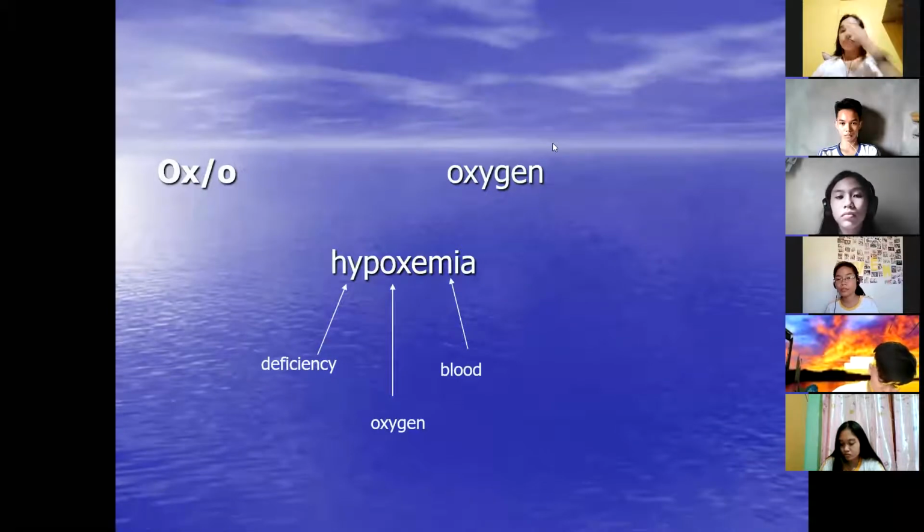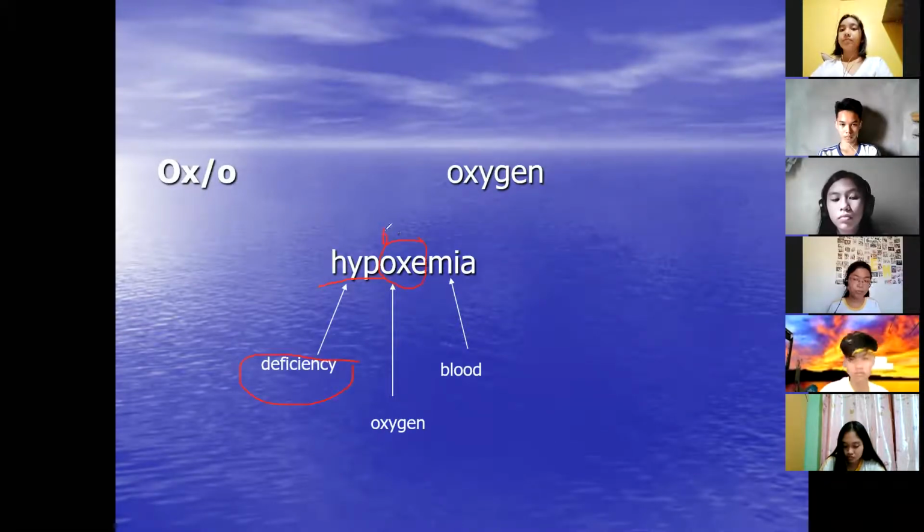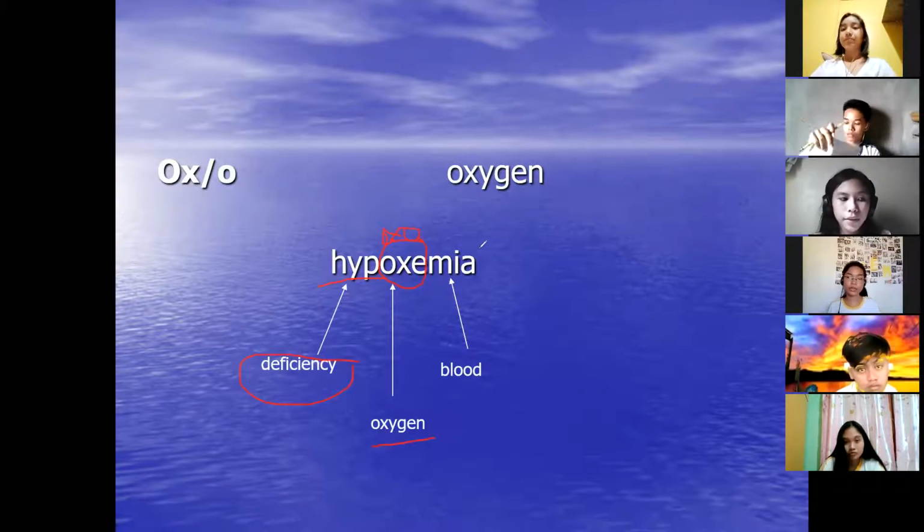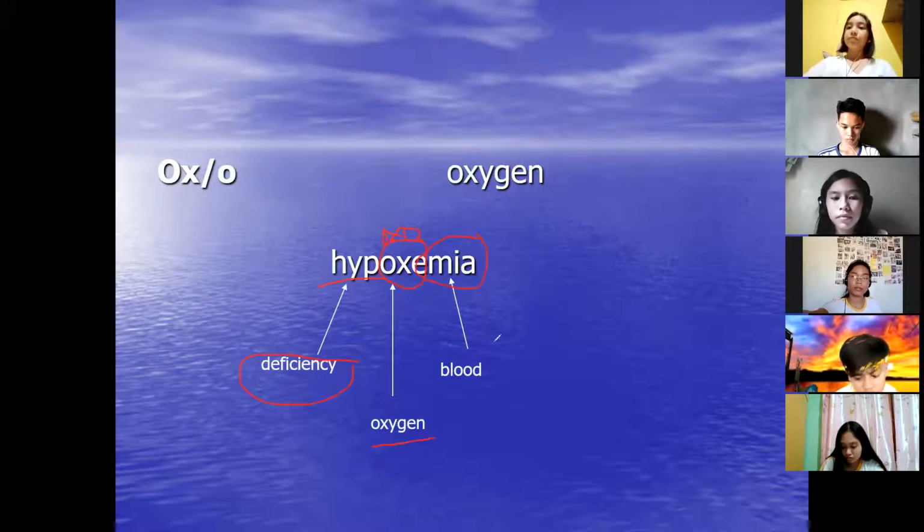The prefix hypo means deficiency. The prefix oxy, which is rooted from the word oxo, means oxygen. And emia means blood.